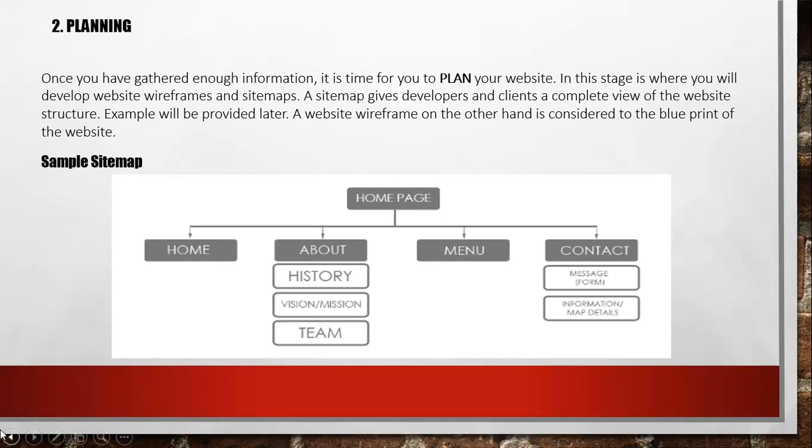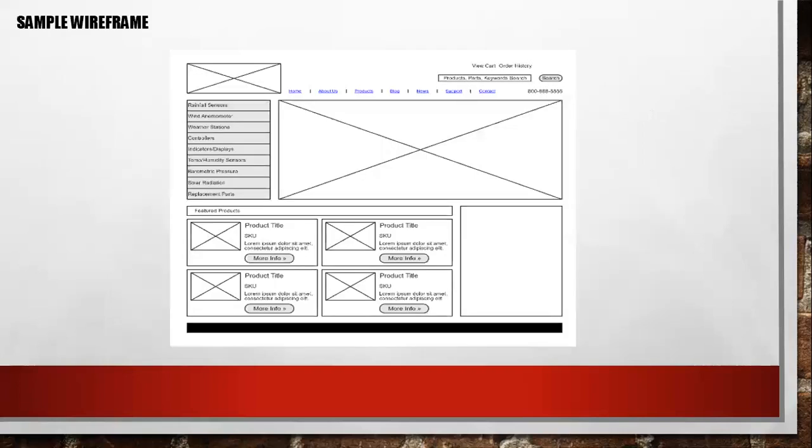So this one is what we call the sitemap. A sitemap shows the flow of your website, or the different elements that you're going to put in your website. This has a home, about, menu, or contact us. And the wireframe is just like a blueprint of your website.